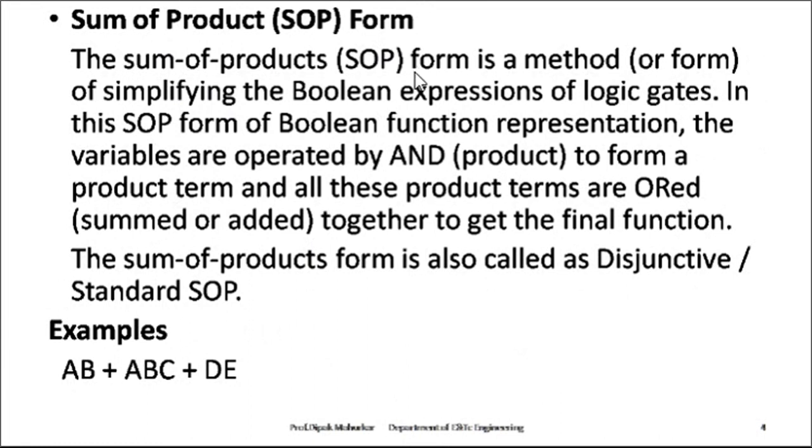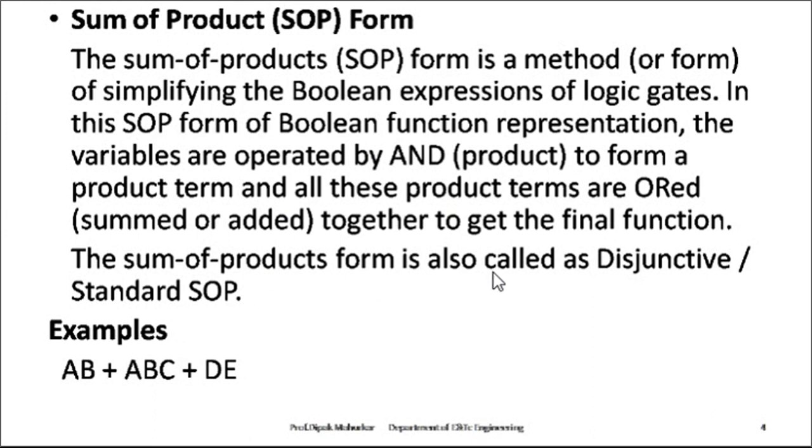The sum of product form is a method or form of simplifying a Boolean expression of logic gates. In this SOP form of Boolean function representation, the variables are operated by AND, means product, to form a product term, and all these product terms are summed or added together to get the final function.